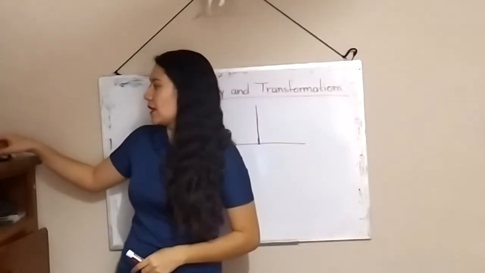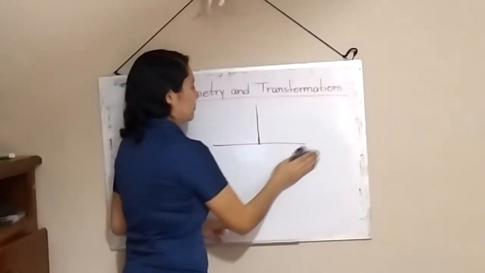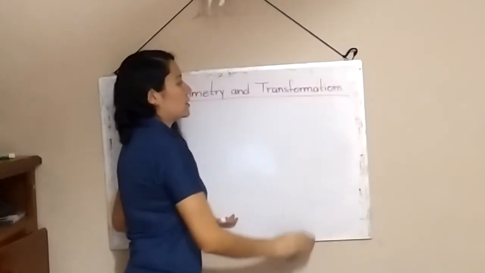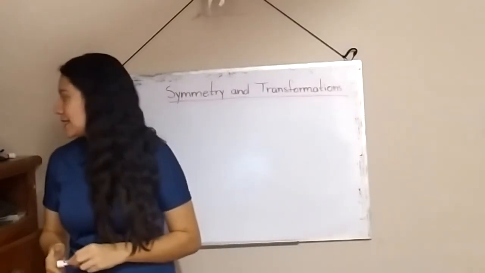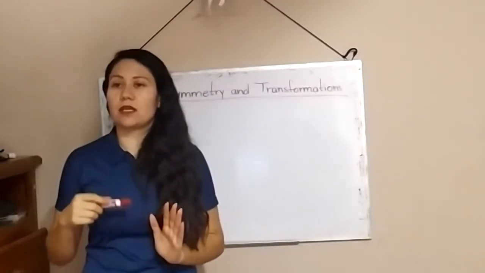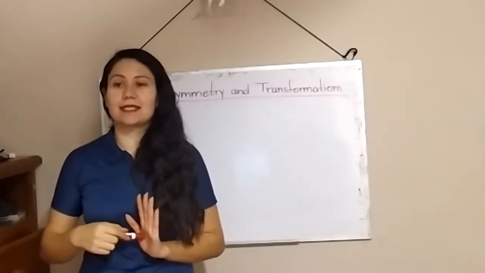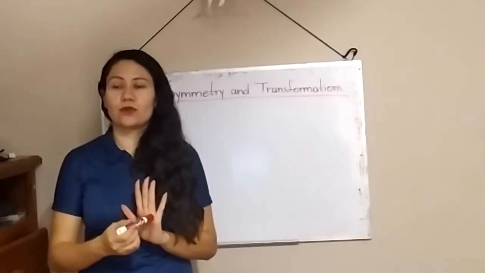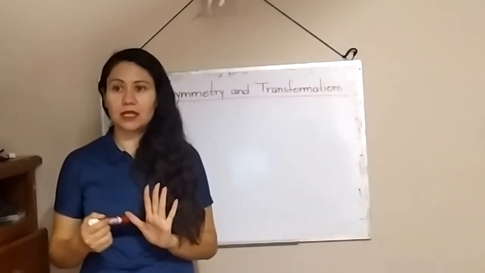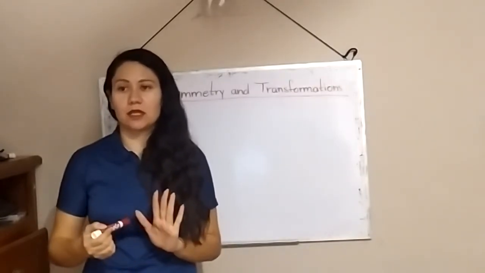Now, a reflection, which is the first type of transformation that we will talk about, is a transformation in which each point is exactly at the same distance to the line of symmetry that we have.